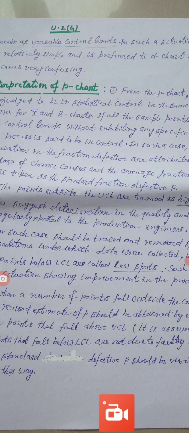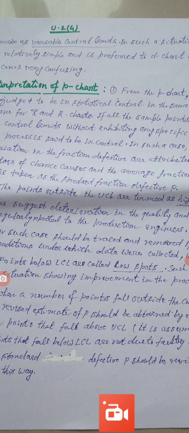And you have to see that if all the sample points fall within the control limits without showing any specific pattern, then the process is said to be in statistical control.